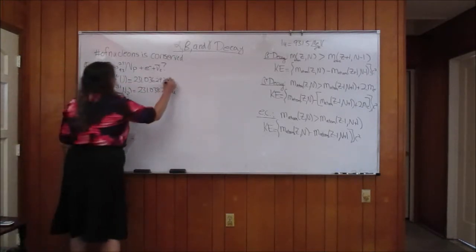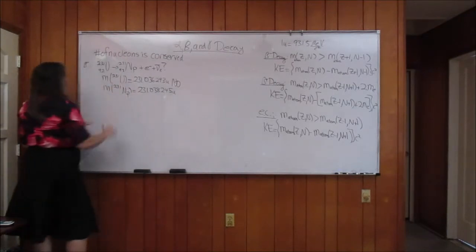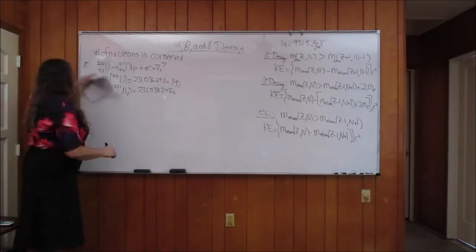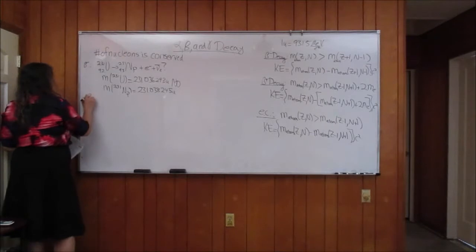Clearly, right away I can say no, because the mass of the daughter would be greater than the mass of the parent, so this is not possible. How about beta plus decay?